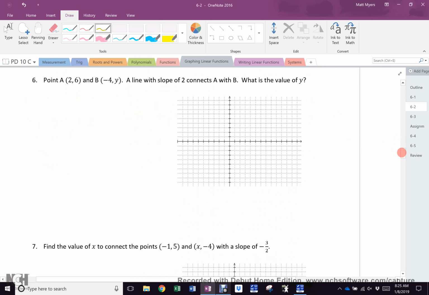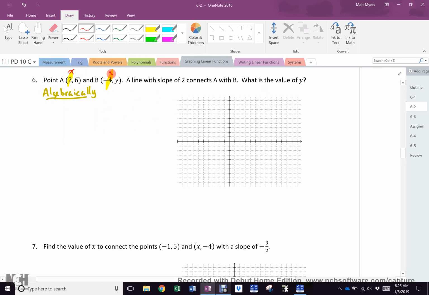Second thing, I want to graph this line. Okay? Now we are going to do this in two ways. We are going to do this algebraically first. So, what do you see here and here?